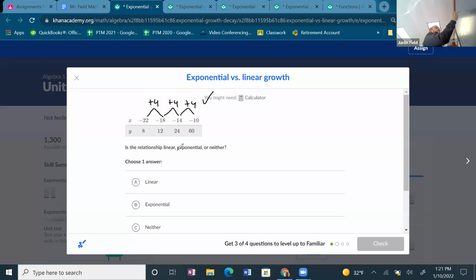Now we have to see if there is a constant ratio. So don't jump right to exponential. You have to divide 12 by 8. And we also have to divide 24 by 12. Well, I don't even have to go into the actual division because I know that 24 over 12 is 2, and I know that this is not 2.